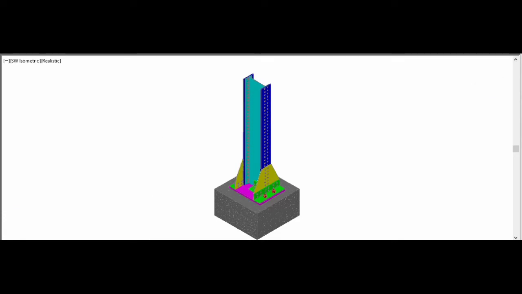If the load to be carried is much more, then you can have built-up columns, two or more members joined together by the lacing system. Now we can have a look here.